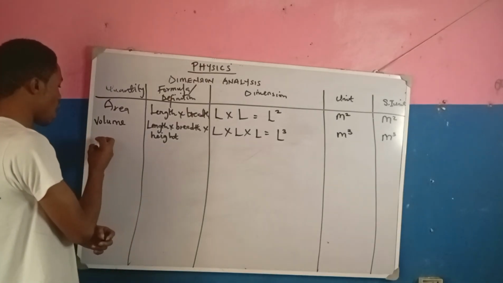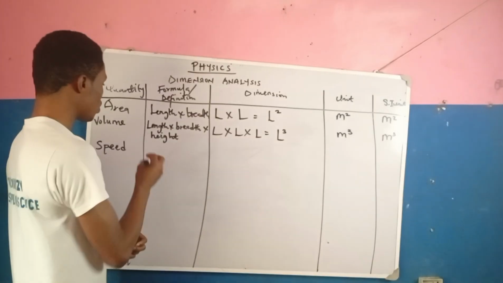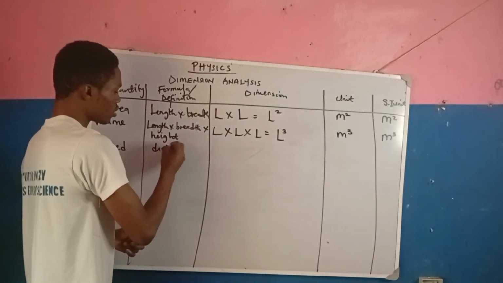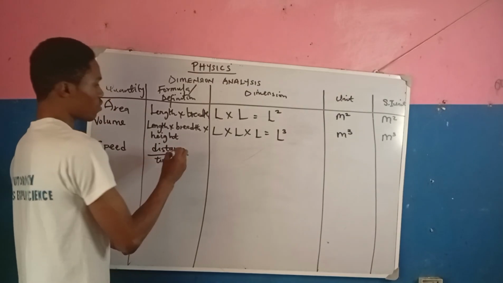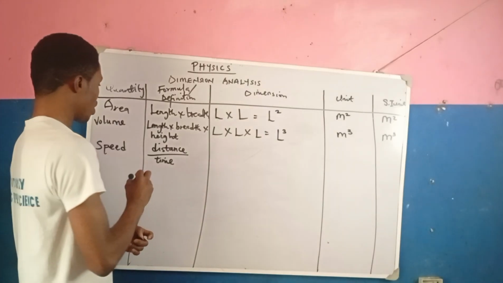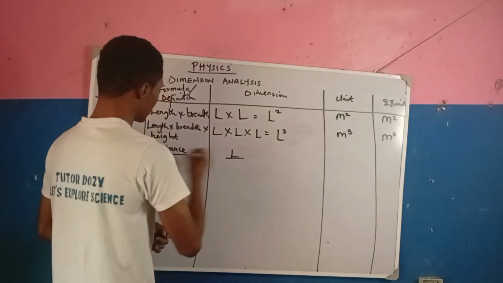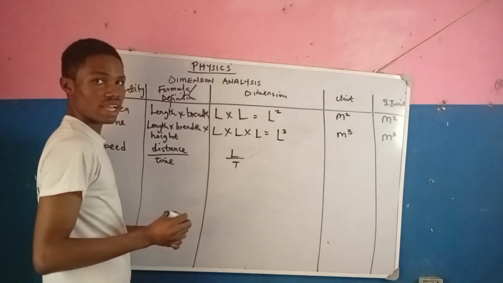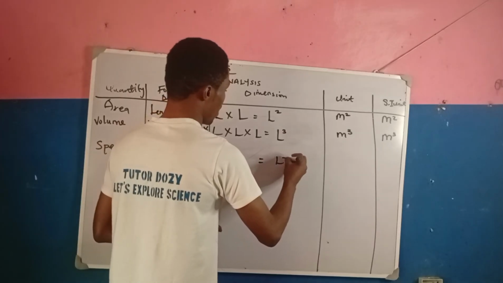Alright, the next one we have is speed. Speed is defined as distance over time. Our distance is length and our time is T, right? So this gives us LT minus 1.